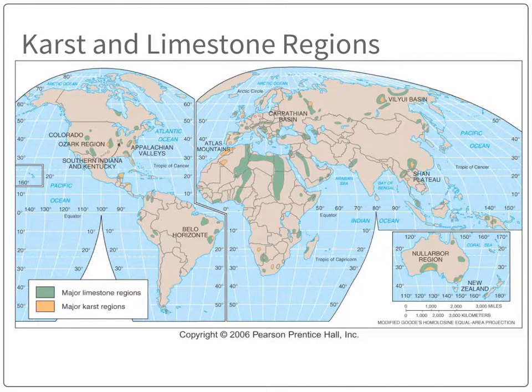And part of the soils that are most susceptible to acid deposition would be limestone soils because of all of the calcium carbonate. And in those areas, you can oftentimes get these karst formations that we'll look at in just a minute.